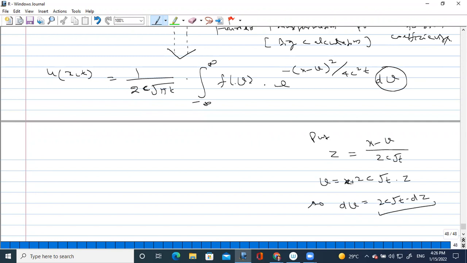Now check here. It will be 1 by 2c root pi t into integral minus infinity to infinity. In place of v, we will write x plus 2cz into under root t.